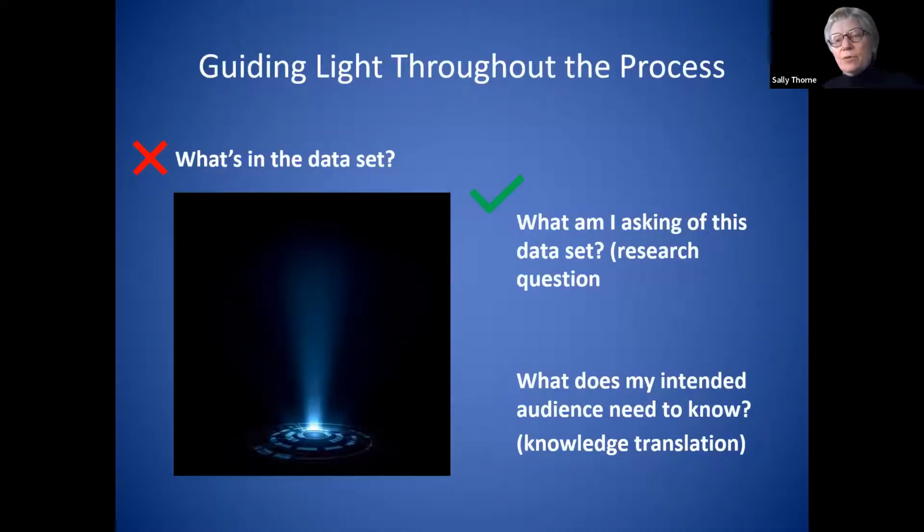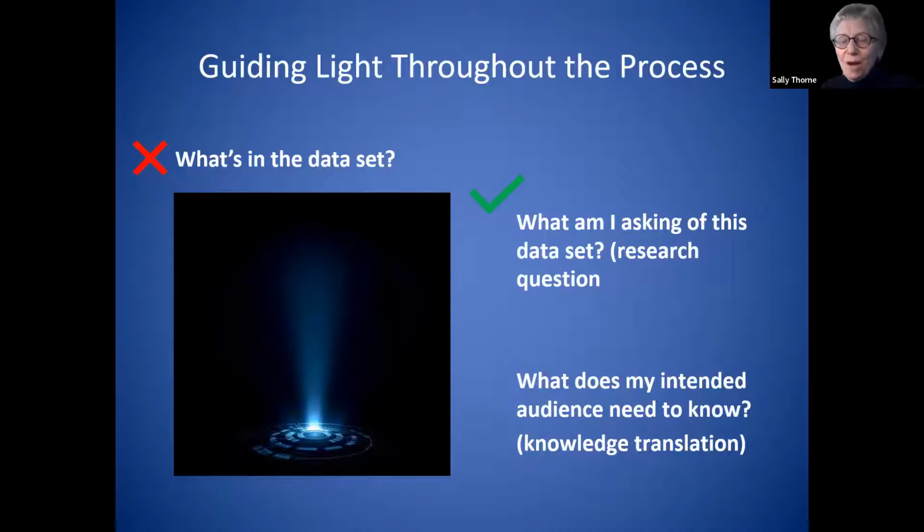So as we approach a data set and data analysis, we're not using as our guiding light what's in that data set. How can I display it in its fullness on the table? We're really focused on why am I here and what am I doing? The guiding light through the process will be two things. One, the research question. Why am I asking something?